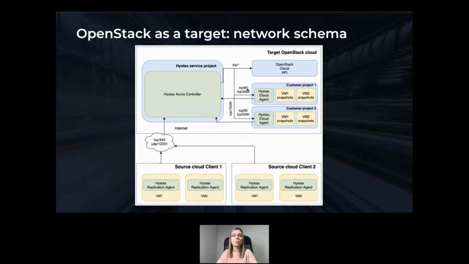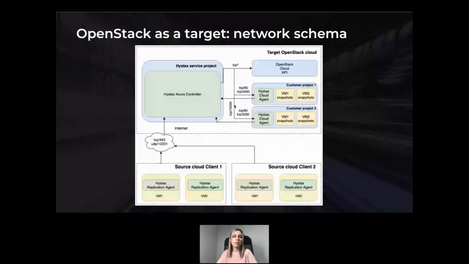If these ports are closed, Acura will not be able to connect to the Cloud Agent running in the target project, and will not be able to do any replication or failover process, because Cloud Agent is quite important and used in both of these operations. It gets attached volumes from the target machines, and of course none of the above processes will be possible.